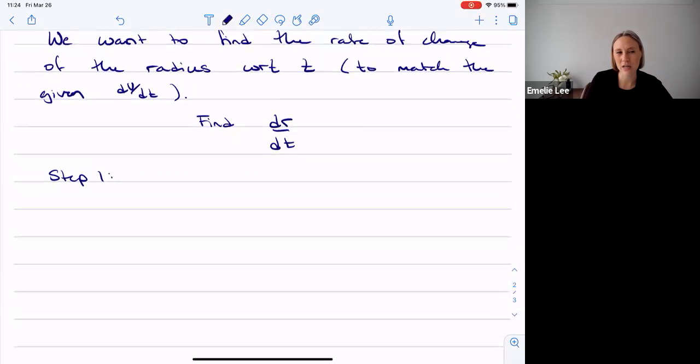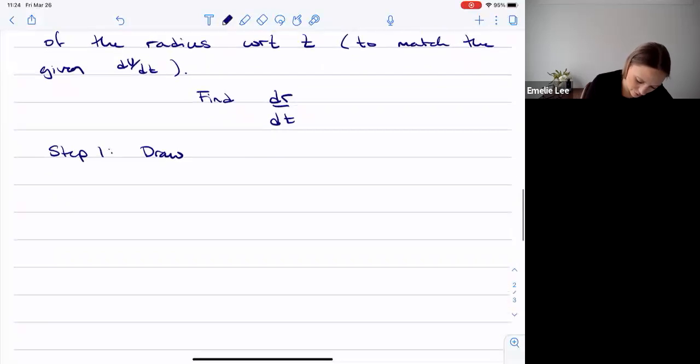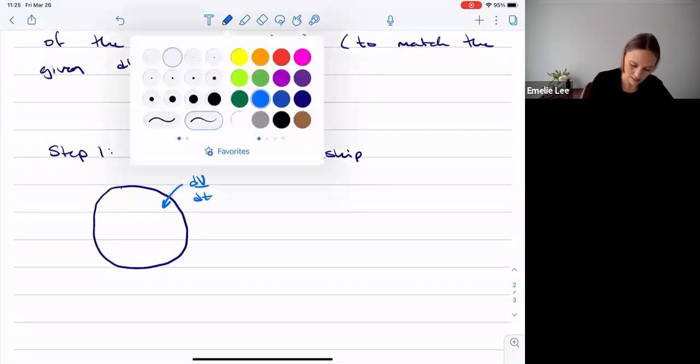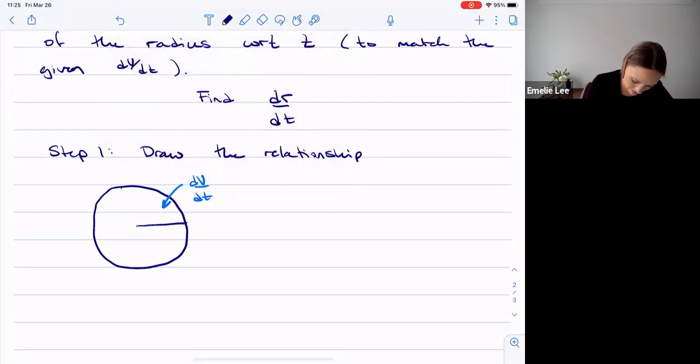I guess I could draw a diagram. It's a little bit tricky because I'm not very good at drawing a circle, but draw the relationship. In this case, it doesn't really do much for me, but what we're saying is there's some volume heading into this thing, and it will affect the radius.